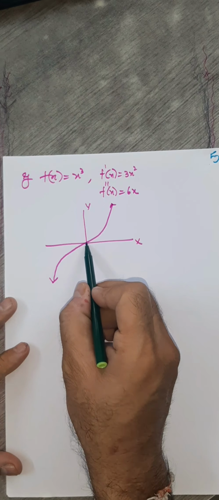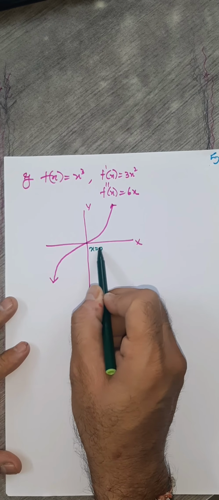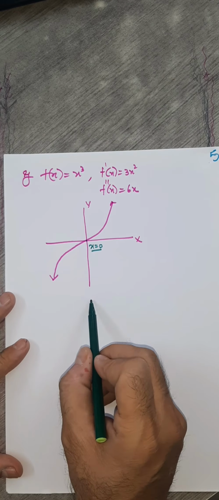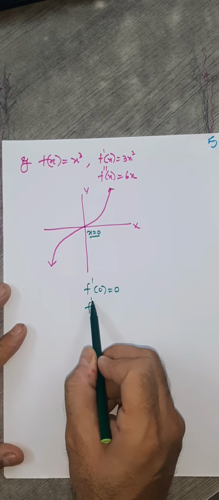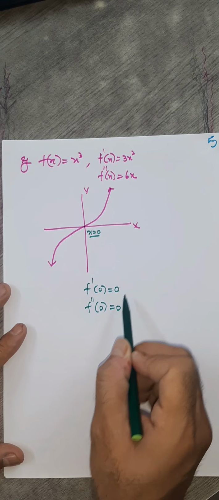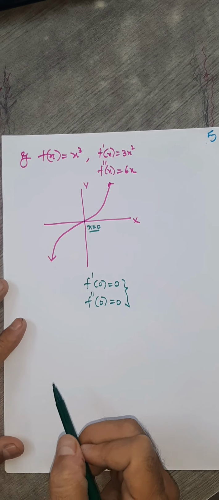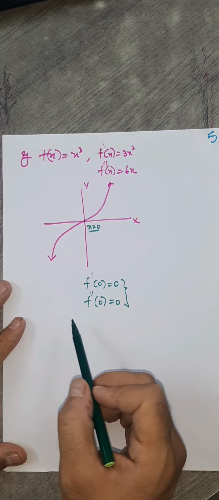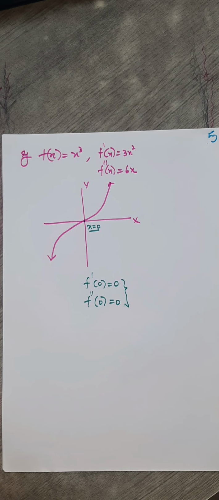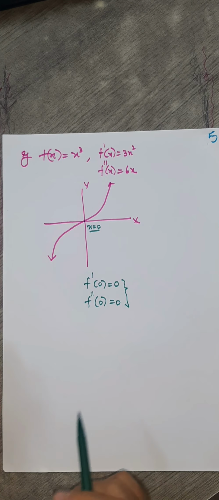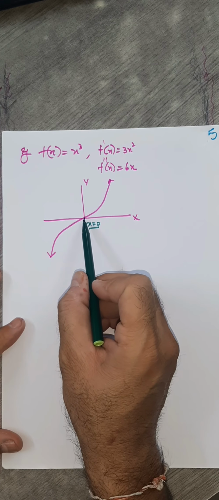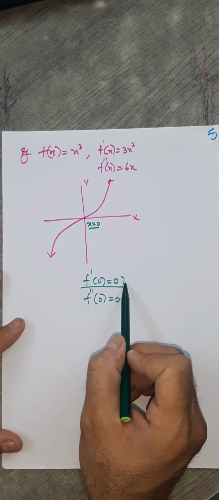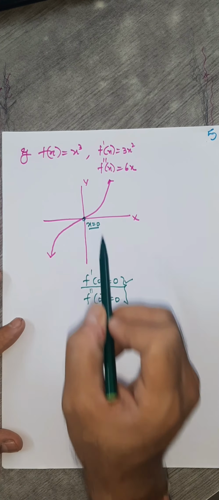Now over here at 0, if I take x equals 0, so c becomes 0 here. You see f dash 0 is 0. Here f double dash 0 is also 0. Here both the derivatives are 0. So here you cannot use the above theorem. Because here you see this is not a turning point. Even at that place the first derivative is 0. This is not a turning point.